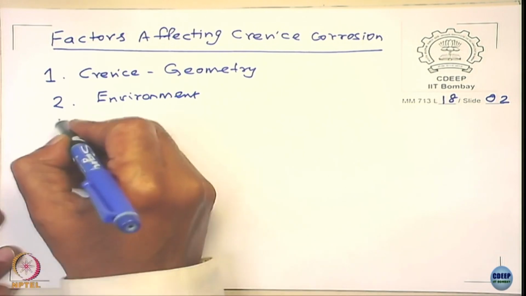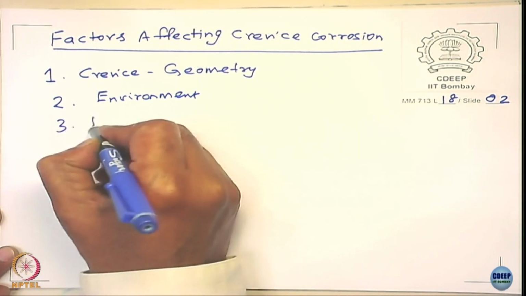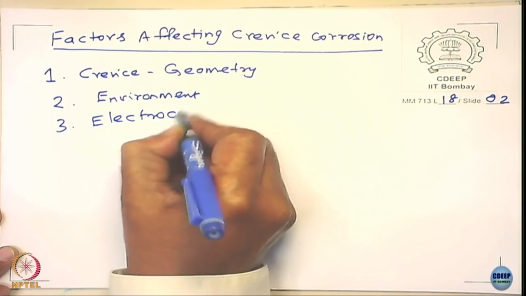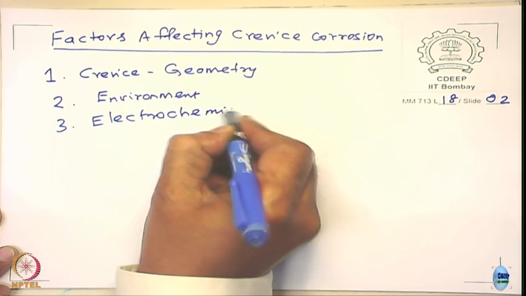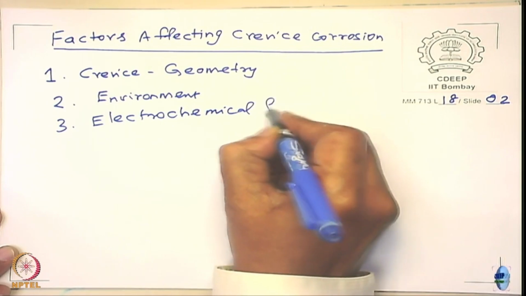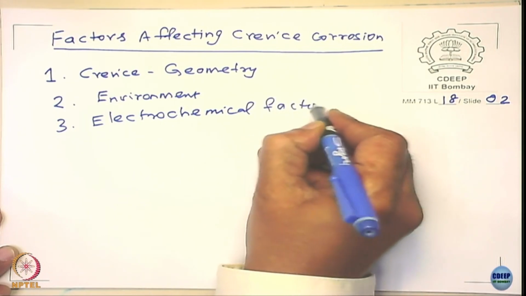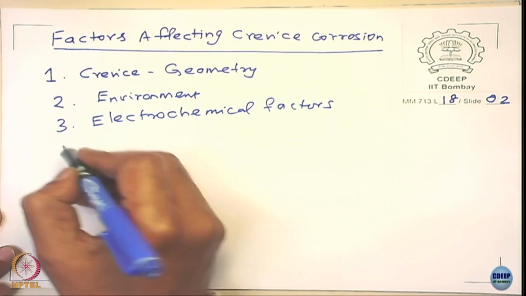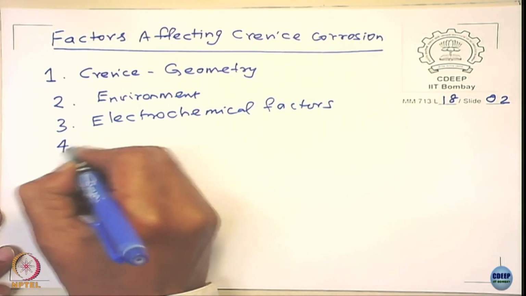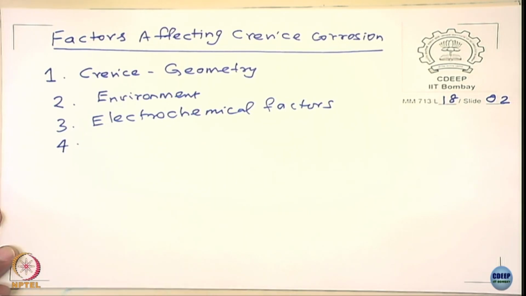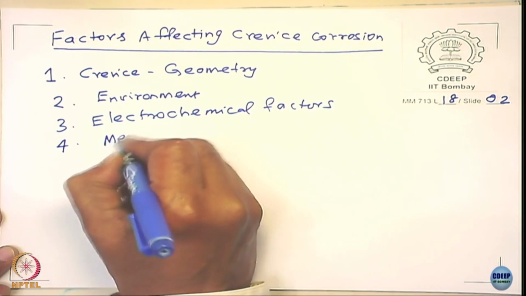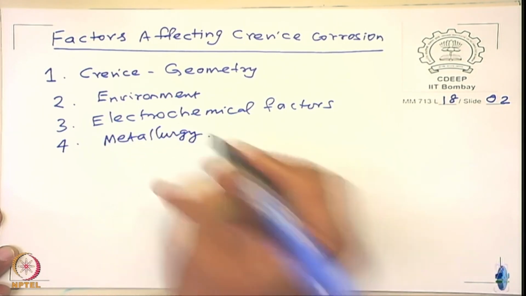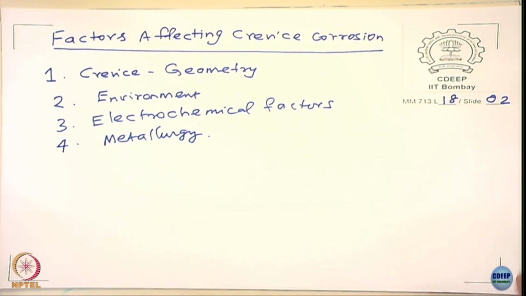When you have an environment, it also decides the electrochemical factors. The fourth is the metallurgy.